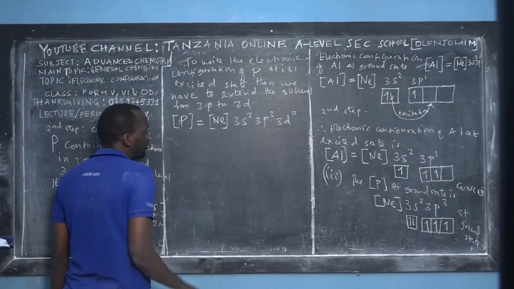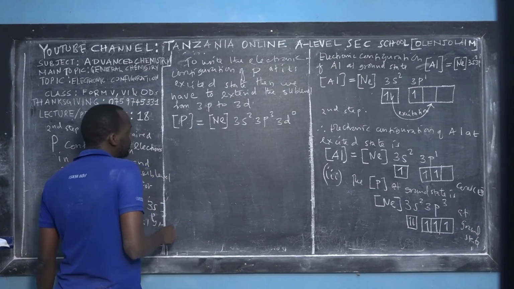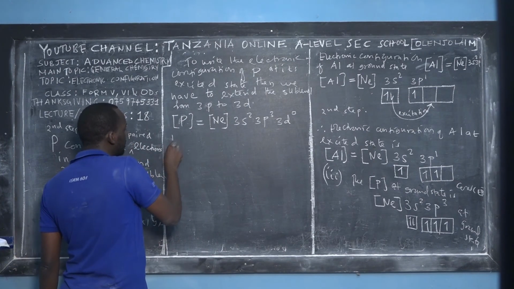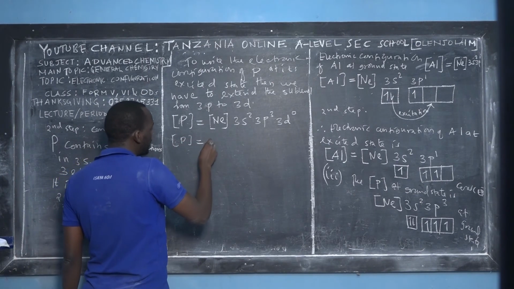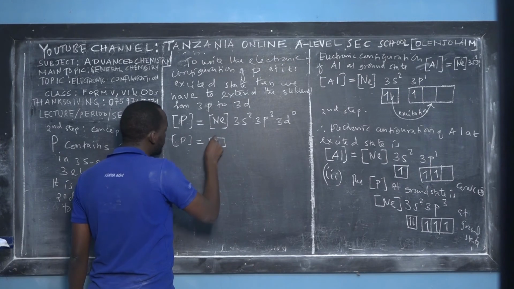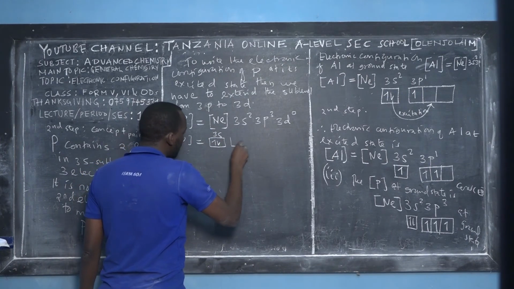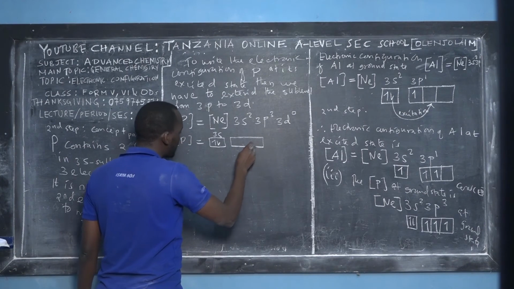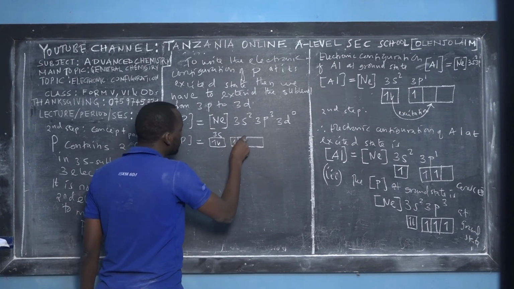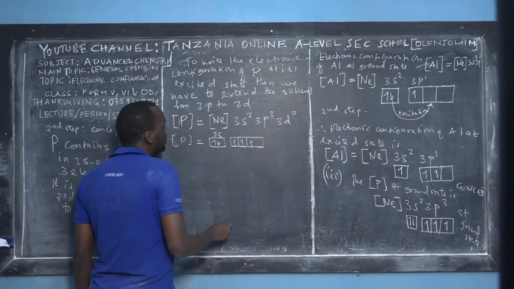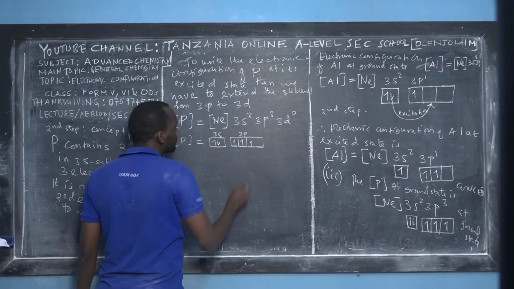So if we draw, you find that the 3s contains 2 electrons. Then the next, the 3p contains 3 unpaired electrons, which is 1, 2, 3. So this is equal to 3p.